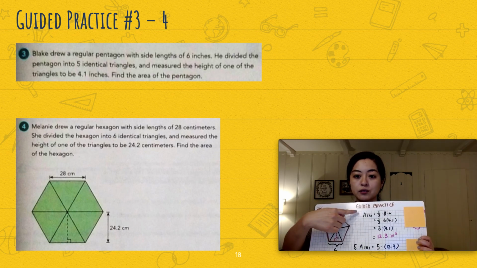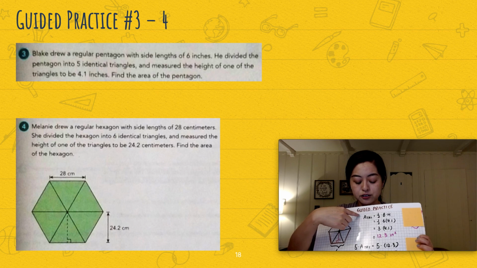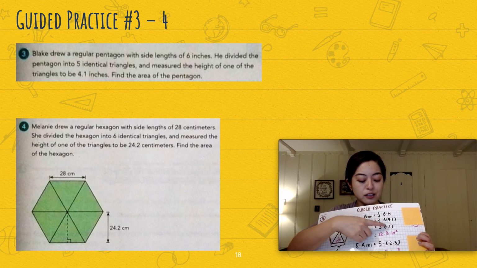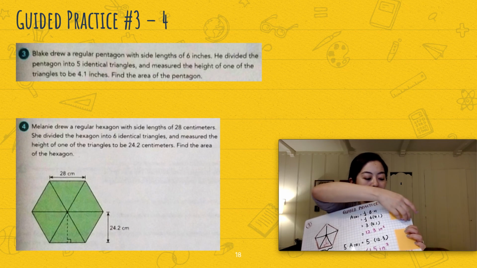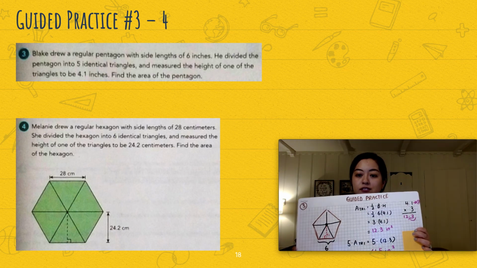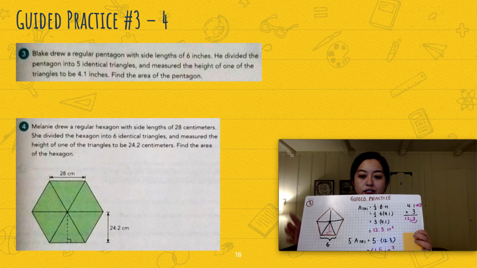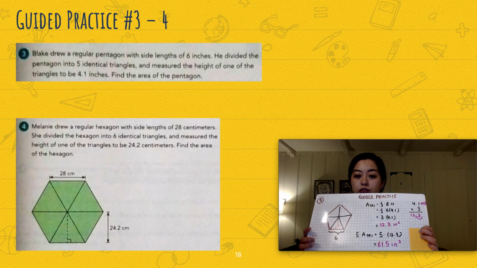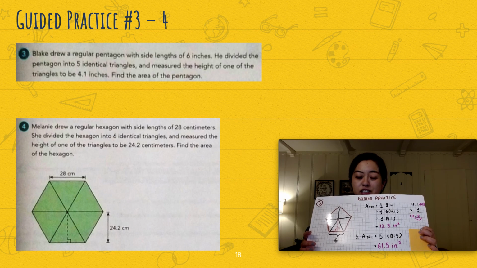So first I want to find the area of my triangle, which is 1/2 times base times height, which is 1/2 times 6 times 4.1, and half of 6 is 3. 3 times 4.1. And I did the work over here. If you're interested, you can take a look over here, and that turns out to be 12.3 square inches for one triangle. But how many triangles are there in this shape?